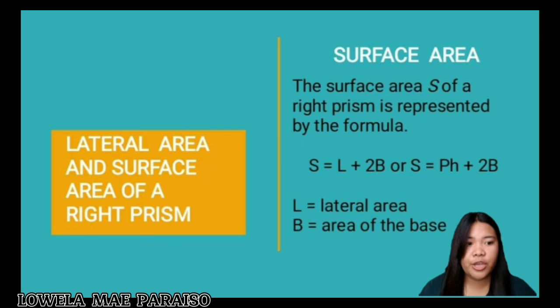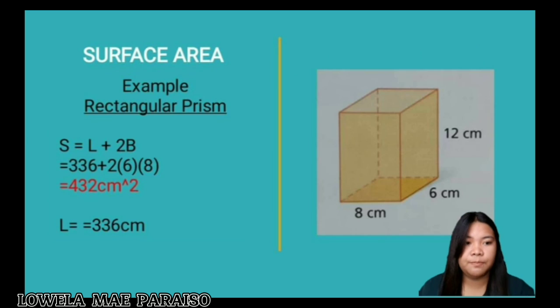The surface area S of a right prism is represented by the formula S is equal to L plus 2B, or S is equal to PH plus 2B, where L is lateral area and B is area of the base. Surface area, example, rectangular prism.